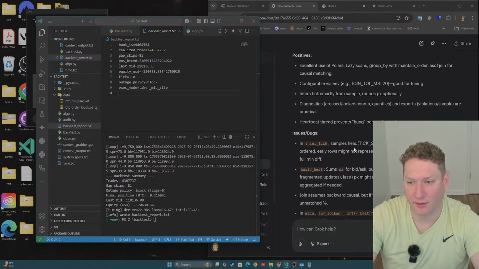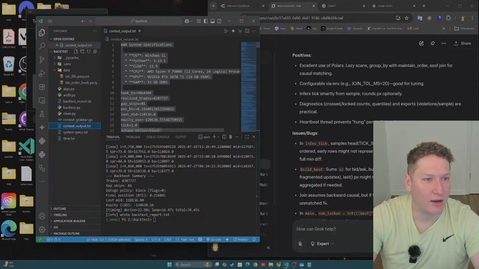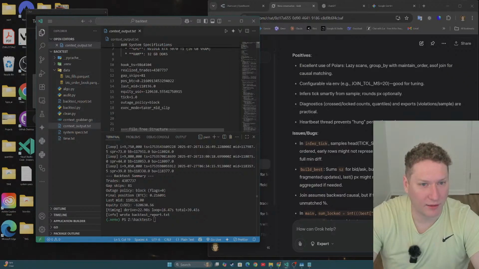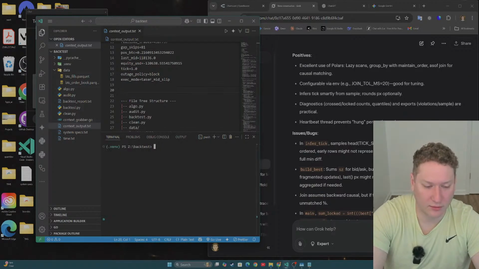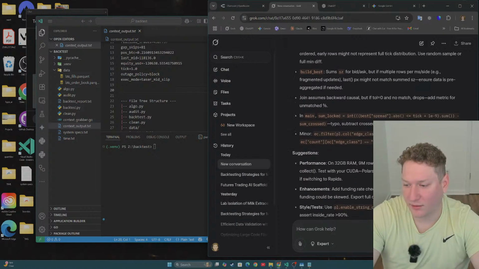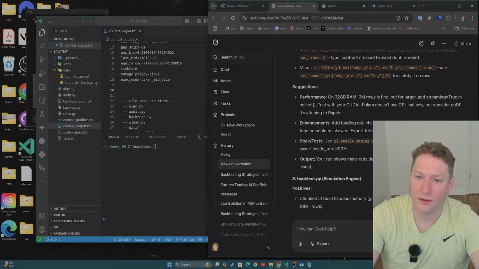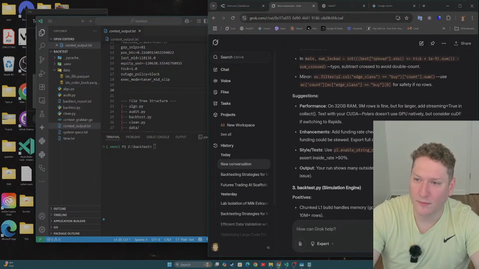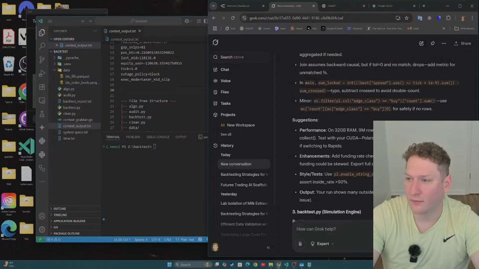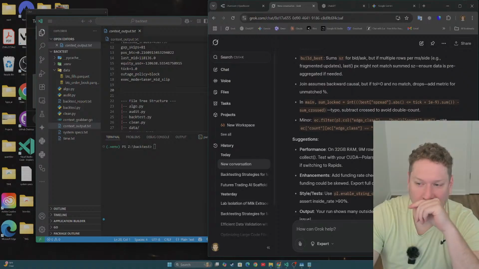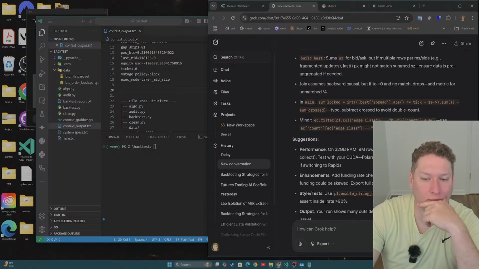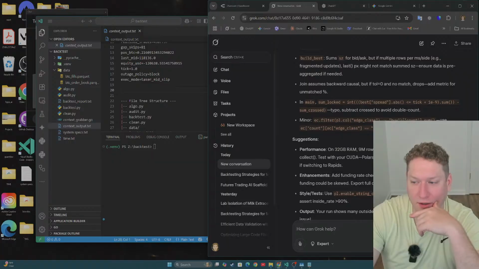All right, so what we're gonna do is take this, combine it with our context here, and then we're just gonna say optimize. Okay, so, okay, that we don't want. I wish we could use it, but I don't know.